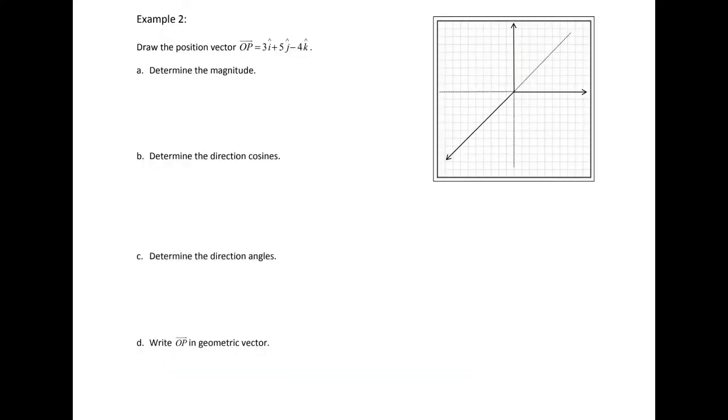Example 2, we're going to draw another position vector OP at (3, 5, negative 4). First, we label the x-axis, y-axis, and z-axis. Next, we know our x value is 3, so we go forward this time: 1, 2, 3.